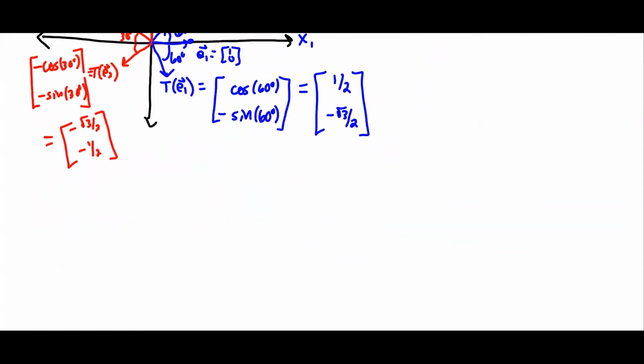Let's pick a different vector. What's T of, how about cosine of 30 degrees, sine of 30 degrees?